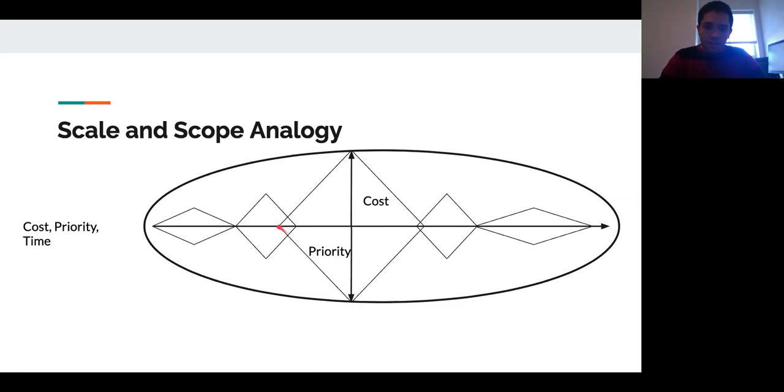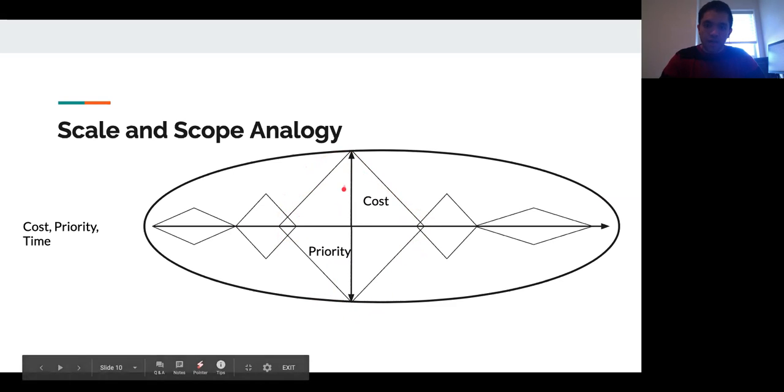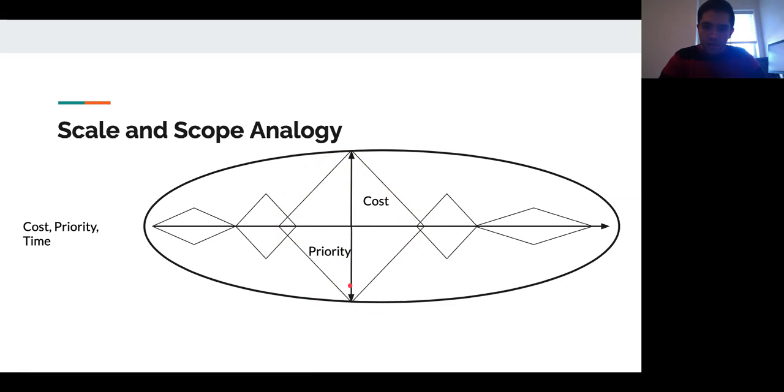And you can see here that sometimes there are transition phases within this project. This phase will take up a high cost and will also be a high priority, whereas this phase will have a low cost and a low priority, but will take up the majority of the time because it requires more evaluation or optimization.